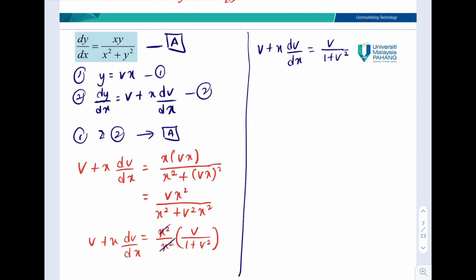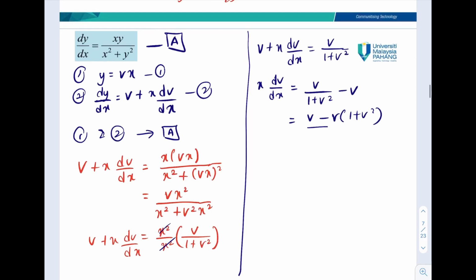You have to simplify, because we want to do the separation. At this level, actually we do the separable equation steps. First thing, we move the v first: x dv/dx equals v over 1 plus v squared minus v. Then we merge this one, become v minus v times 1 plus v squared over 1 plus v squared. Expand: v minus v minus v cubed. Be careful.